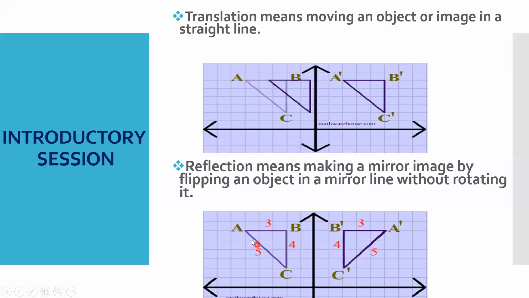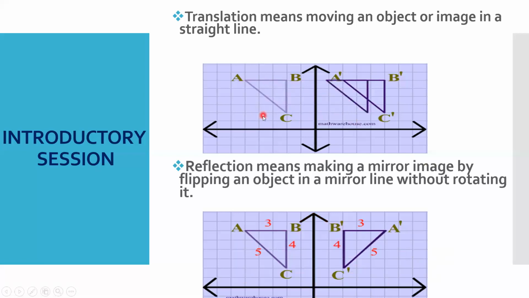So here the triangle is named as ABC. When it came here, you can see that the triangle is named as A dash, B dash, C dash because it has been flipped here. So to know the difference, they have named it differently, ABC as well as A dash, B dash, C dash. So now you understand what is translation and what is reflection.